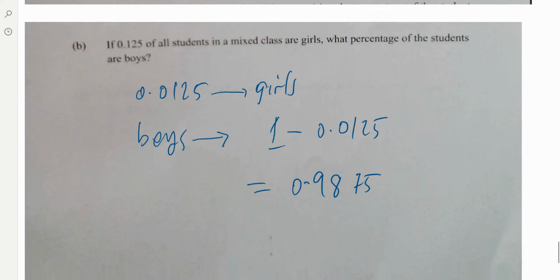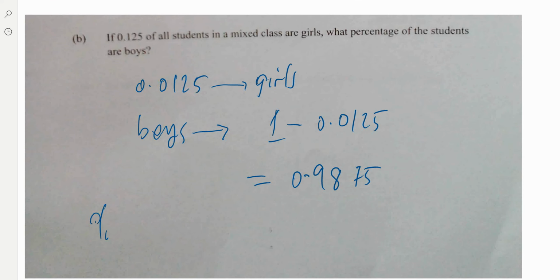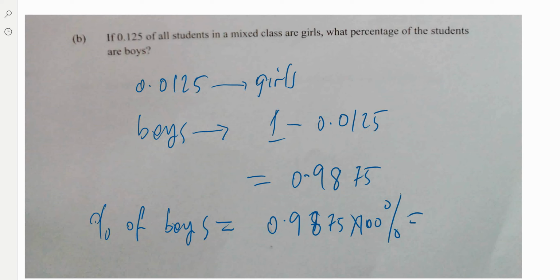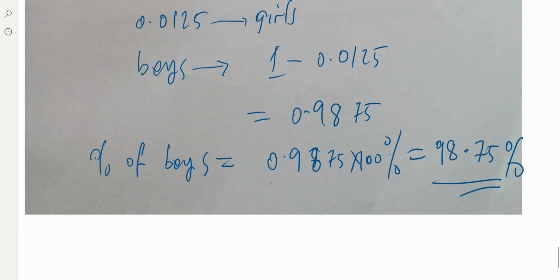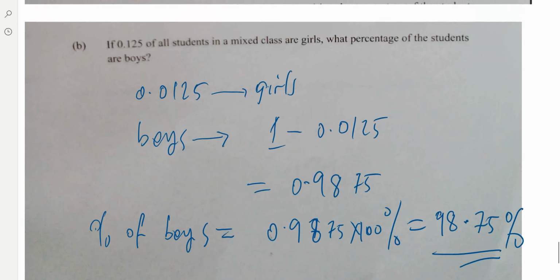So we are looking for the percentage of boys. You take the fraction corresponding to boys, 0.9875, you multiply by 100%, and eventually you'll have 98.75, dear students. So that is the percentage of boys, and this is our last part in this discussion.